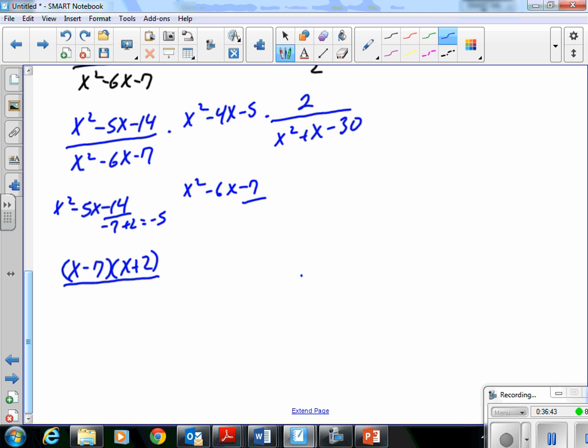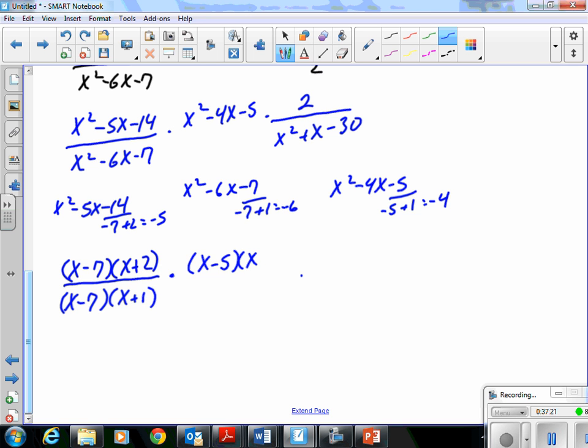Look at that last term, negative 7. Factors that will add up to negative 6 are going to be negative 7 and 1. So that's x minus 7, x plus 1. And moving on to x squared minus 4x minus 5. Factors of negative 5 that'll add up to negative 4 are going to be negative 5 and positive 1. So that's going to factor to x minus 5, x plus 1.